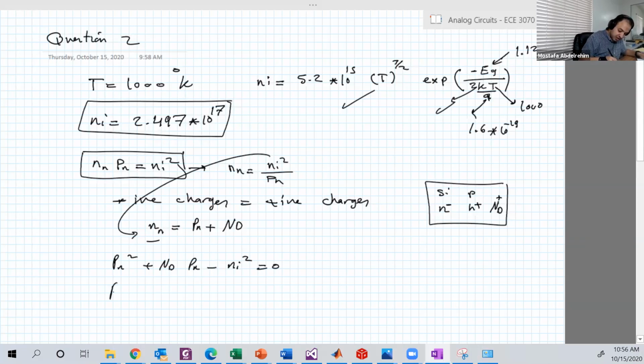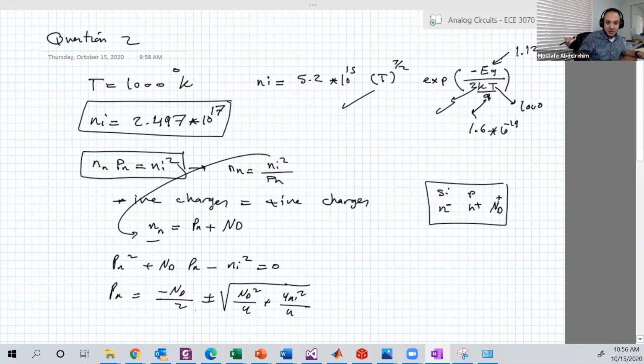Then you solve this: Pn equal to minus Nd over 2 plus or minus the square root of Nd square over 4 plus Ni square. You exclude the minus, because if you include it, you will have a negative concentration, which is not correct. You will go only with the positive. So based on that, Pn equal to 2.448 10 to the power 17 again.